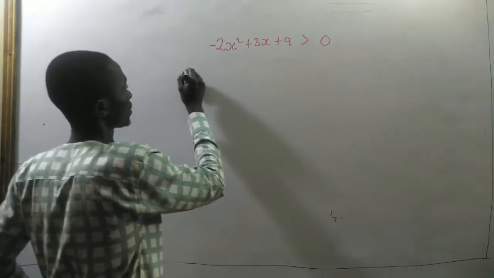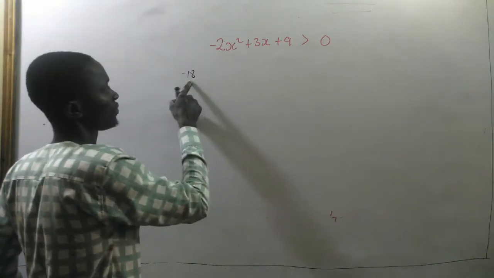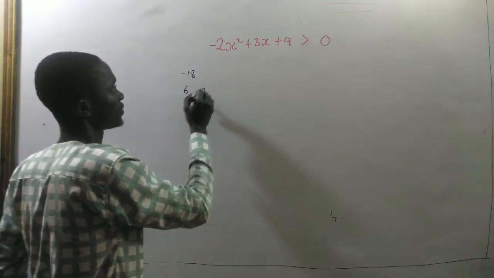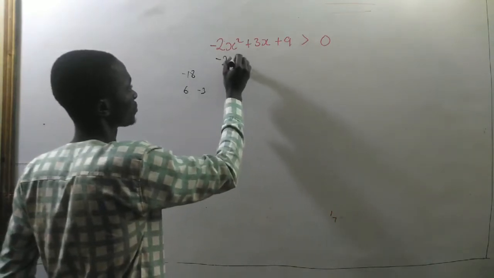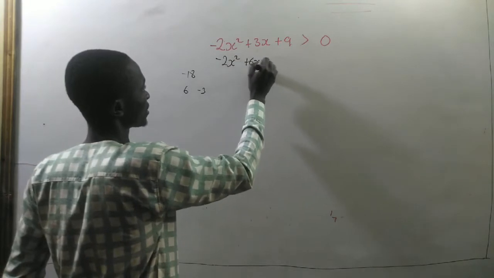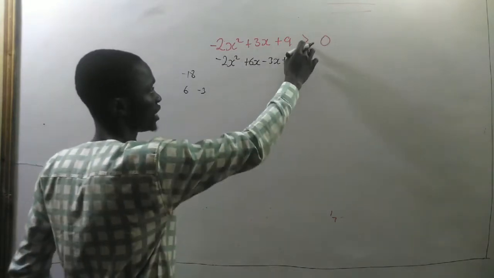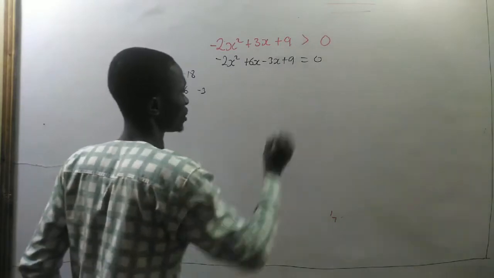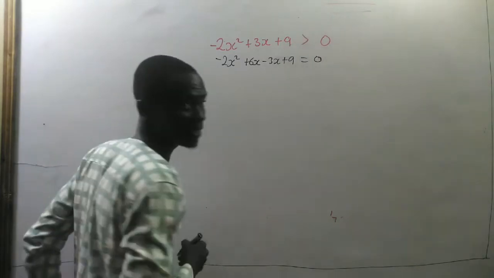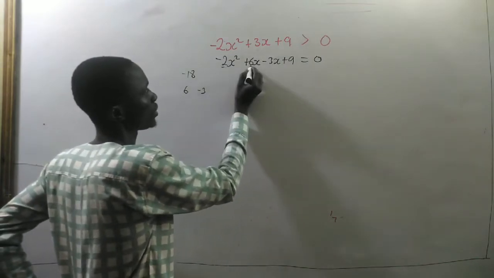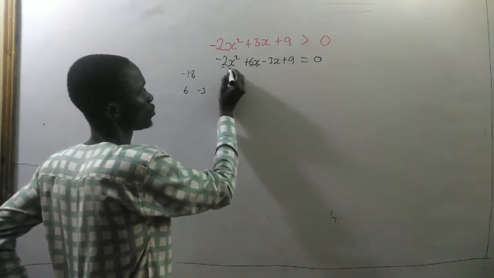9 times this is minus 18, and the factors of minus 18, when you add to get 3, is positive 3 and negative 3. So you have minus 2x squared plus 6x minus 3x plus 9. Let's forget about the inequality sign and put equal to 0 there first. You revisit the inequality sign. So here, minus 2 can go into 6, x can go into x squared.